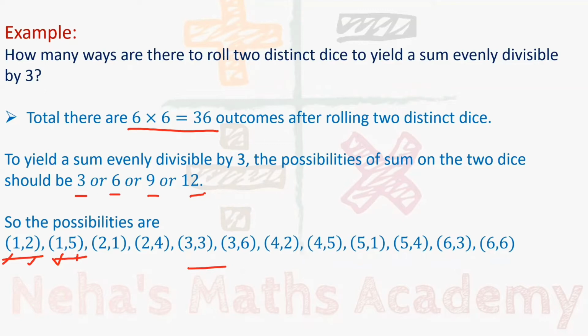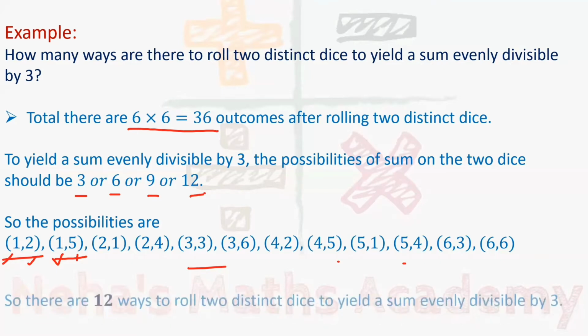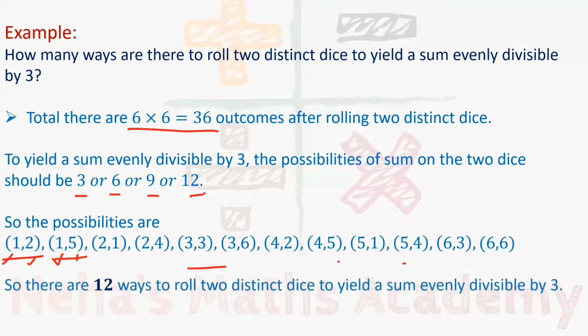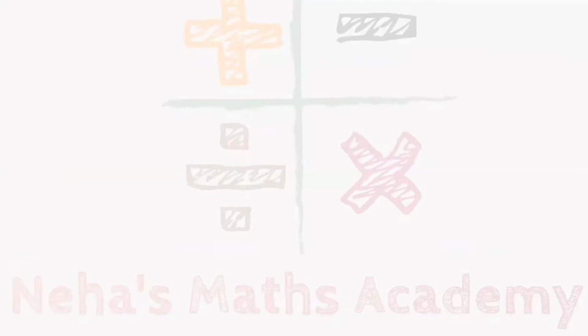Similarly, these are the possibilities for obtaining 3 or 6 or 9 or 12 as sum on two dice. So there are 12 ways to roll two distinct dice to yield a sum evenly divisible by 3. Next example.